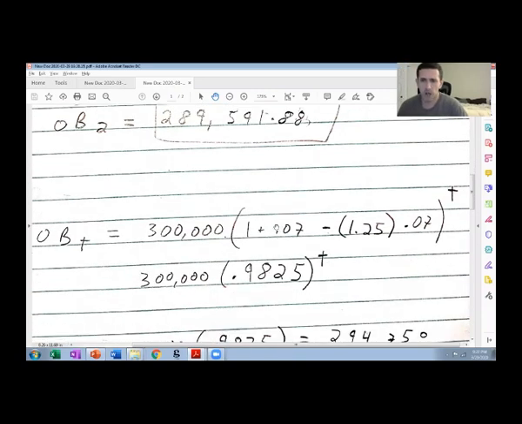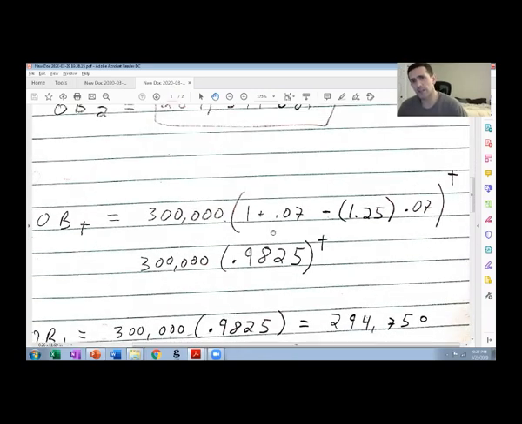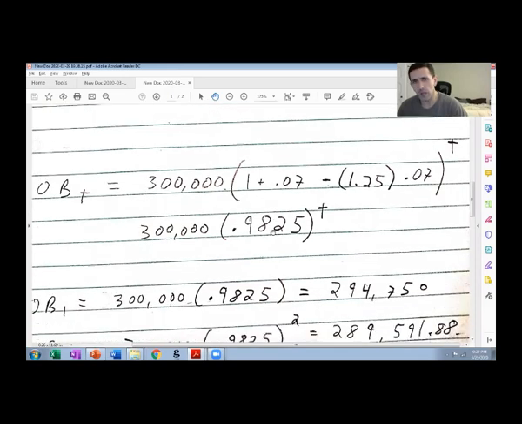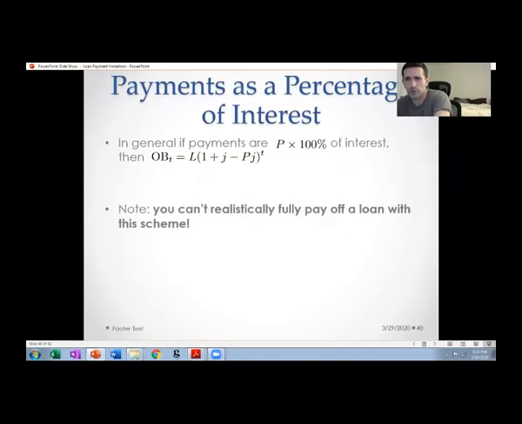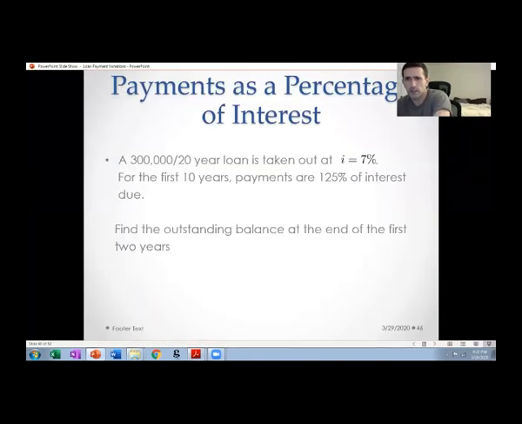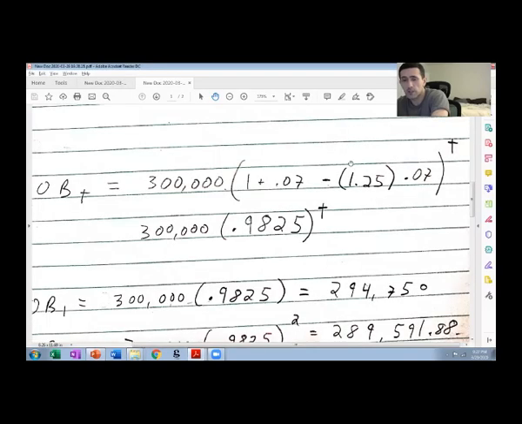Okay, let's see what is going on. Actually, before I do that, let's plug into our formula and check that we get the same answer for the previous example. So in this example, because this is 125% of interest, P is 1.25, J is 7%.